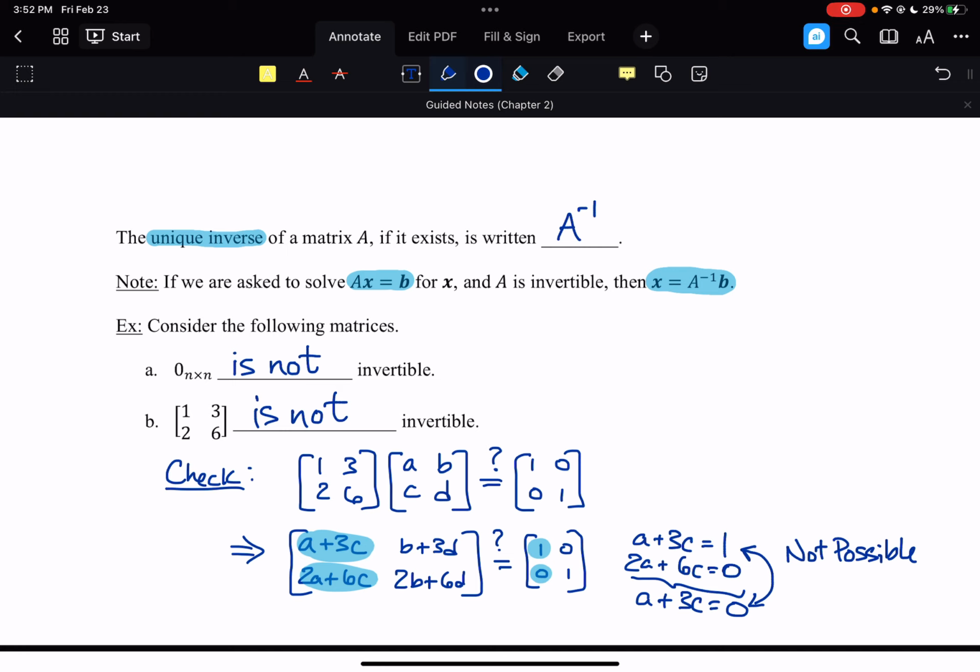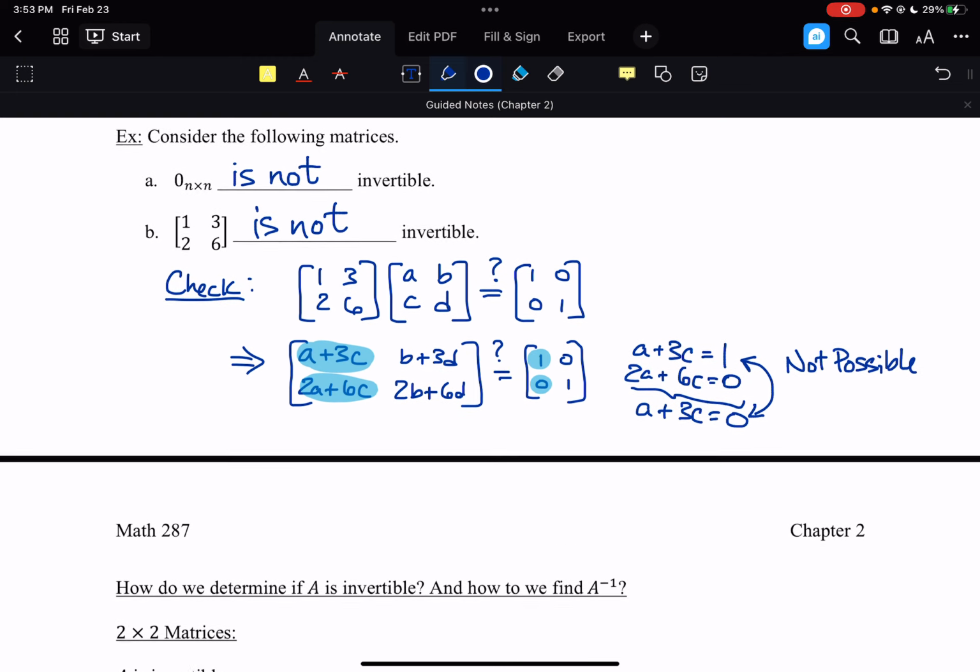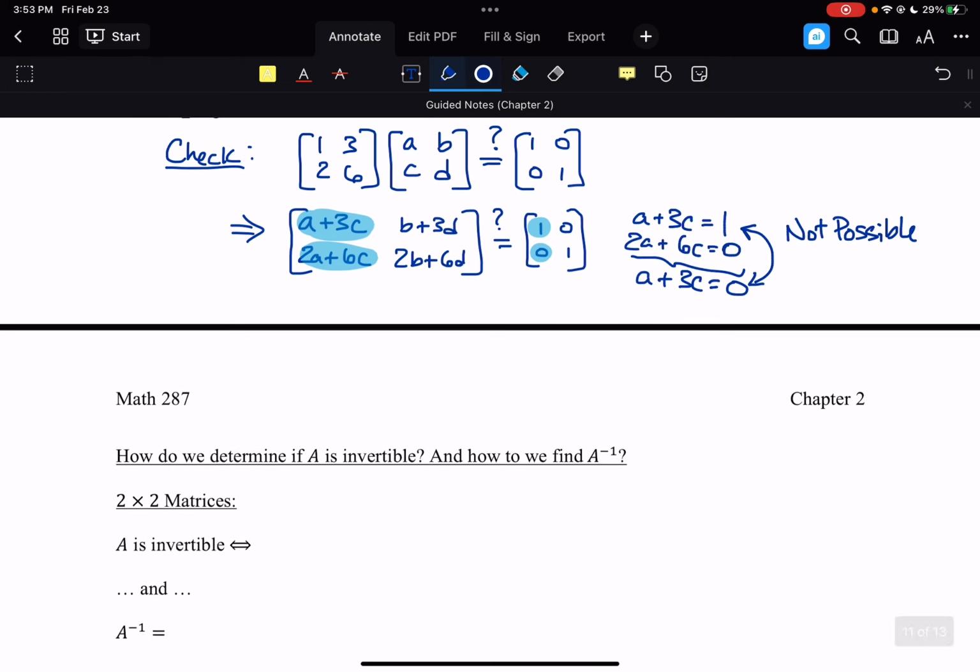Now, this method of checking to see whether a matrix is invertible is effective, but we would rather be able to find other ways of testing invertibility and ultimately finding the inverse of a matrix. So that's the next couple of questions that we're going to seek to answer here.